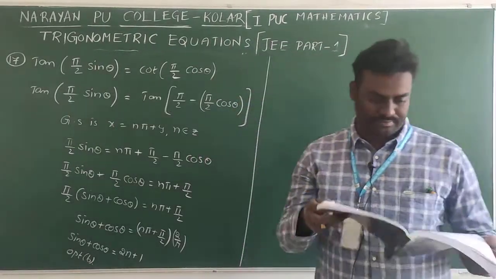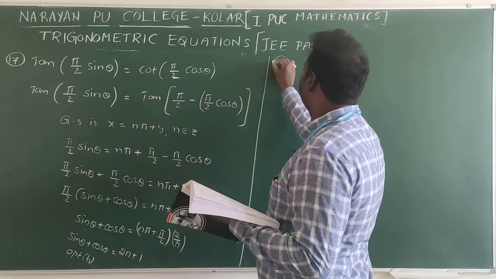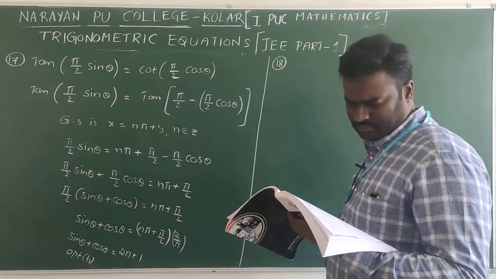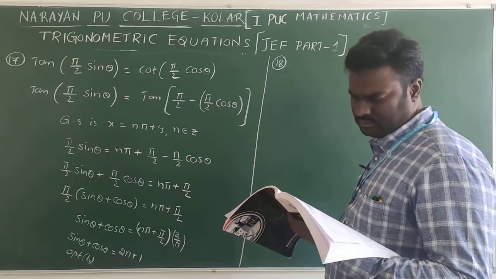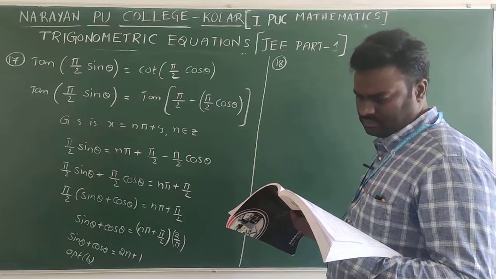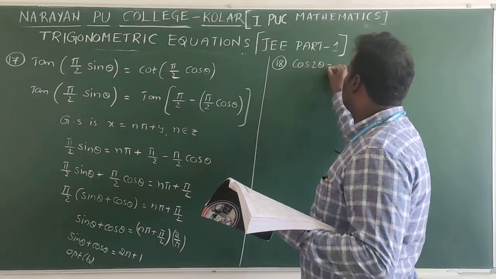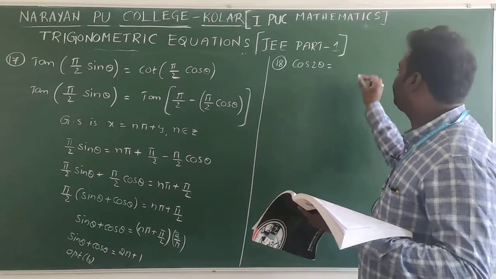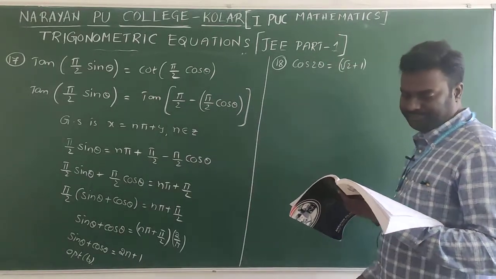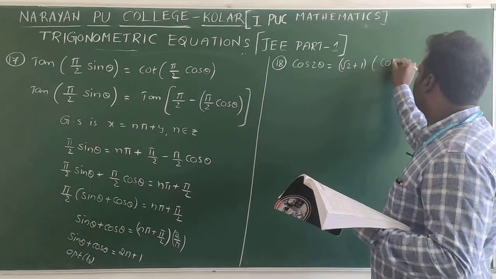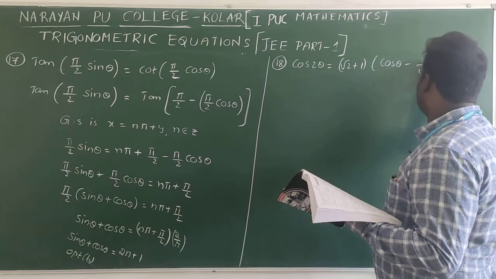Next, question number 18. Next question: cos 2 theta equals root 2 plus 1 into cos theta minus 1 by root 2.